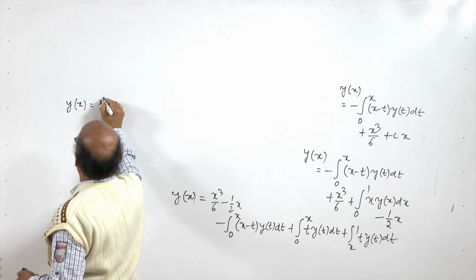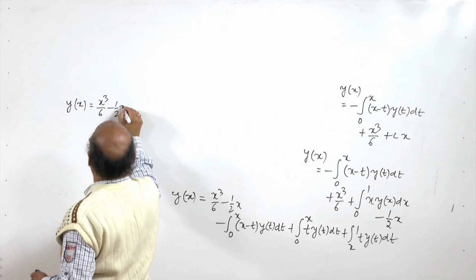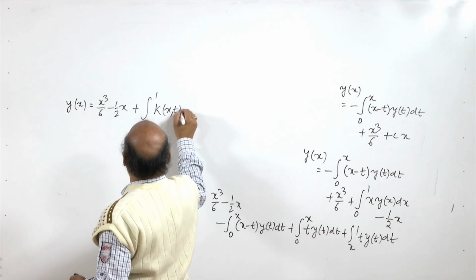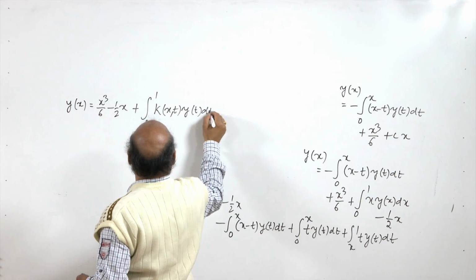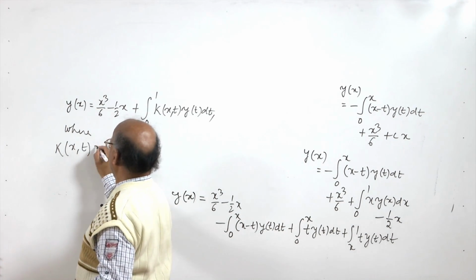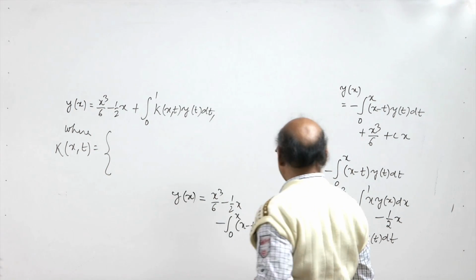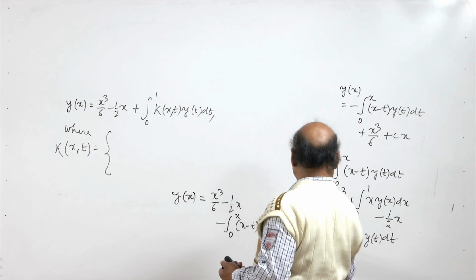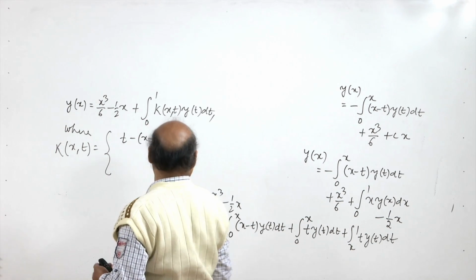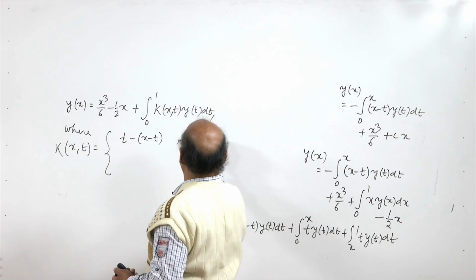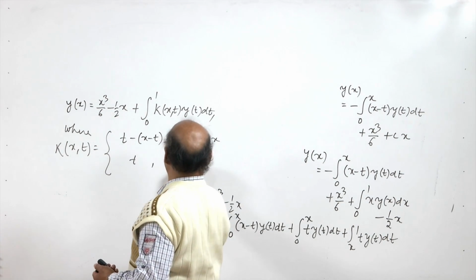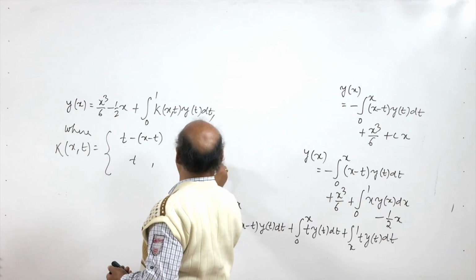And then this can be written as y(x) equal to x³/6 minus half x plus integral 0 to 1 K(x,t) y(t) dt, where K(x,t) is what we have: t - (x - t) when 0 is less than or equal to t less than x, and we have t when x is less than or equal to t less than or equal to 1.